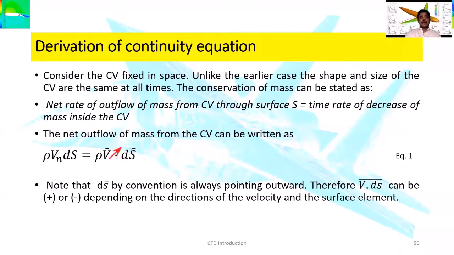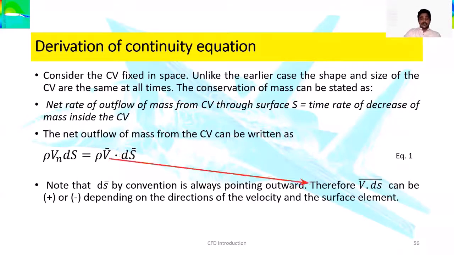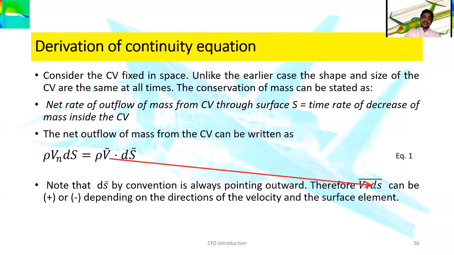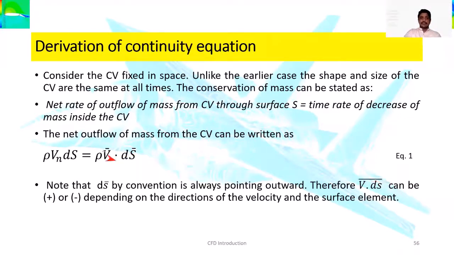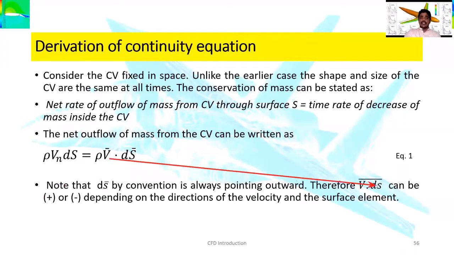But always this dS bar represents the conventional direction pointing outwards only. Always the dS represents the positive outward direction only, right? Whereas we can represent the negative direction or the positive direction depending upon the flow inlet and the outlet. Depending upon the flow inlet and the outlet, the velocity can vary, but the net resultant flow which is coming out through the surface is outwards only, which we have discussed even in the earlier sessions.